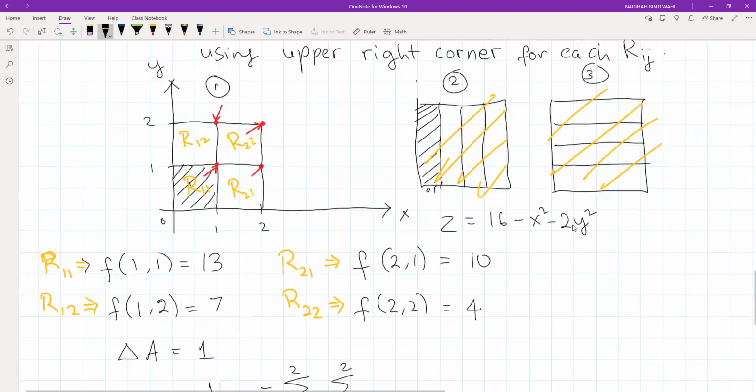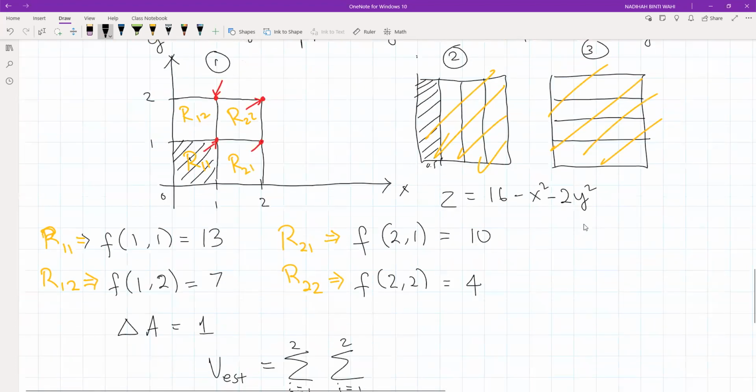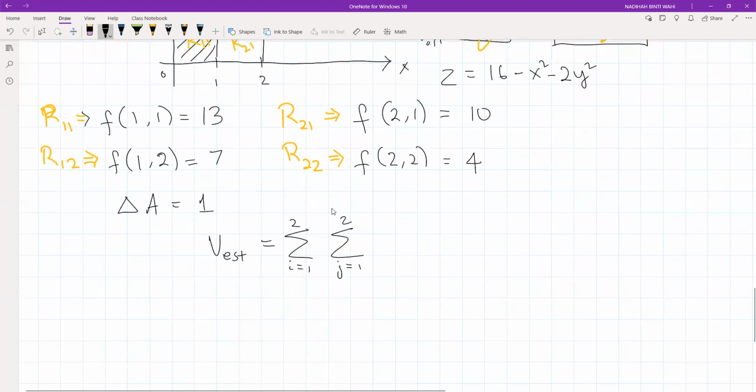Sebab apa? Sebab dia ada 4 rectangles, tapi I dia start daripada 1 sampai 2, J start daripada 1 sampai 2. So ada total rectangle is 2 by 2 is 4. Okay, so this is just F of X star Ij, Y star Ij times delta A.